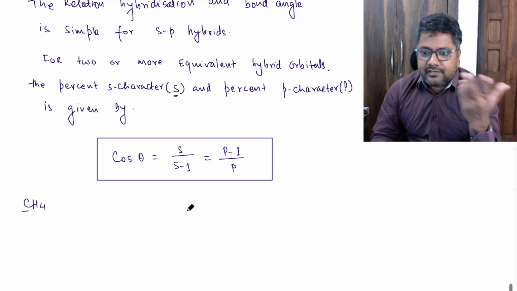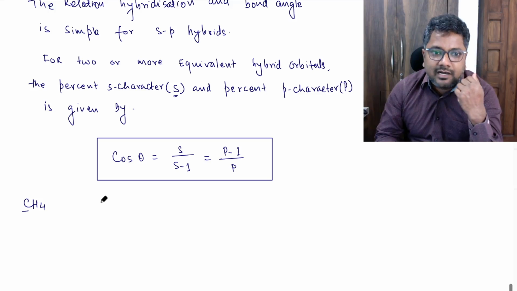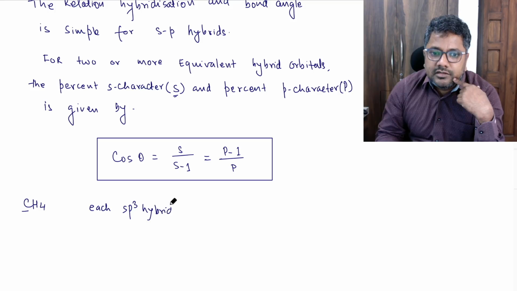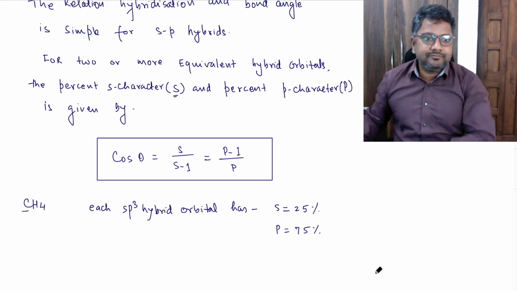We have already discussed that in methane, each sp3 hybrid orbital has s equal to 25 percent s character, and p is equal to 75.